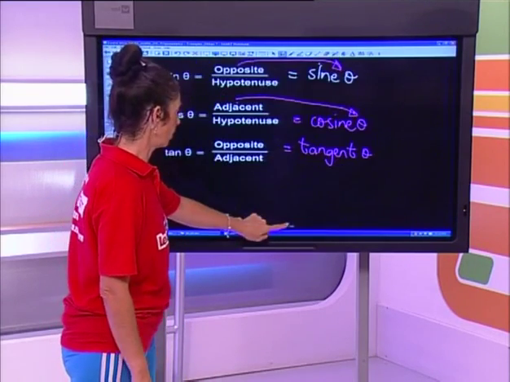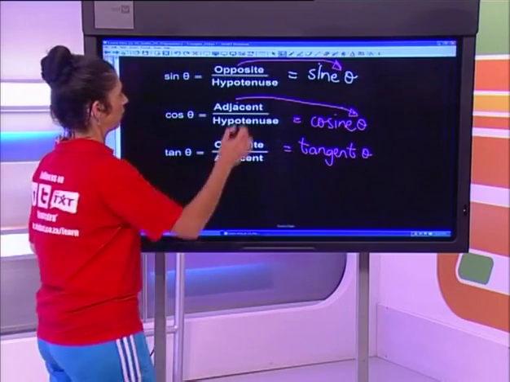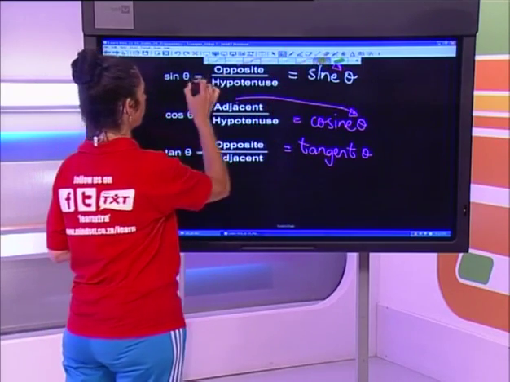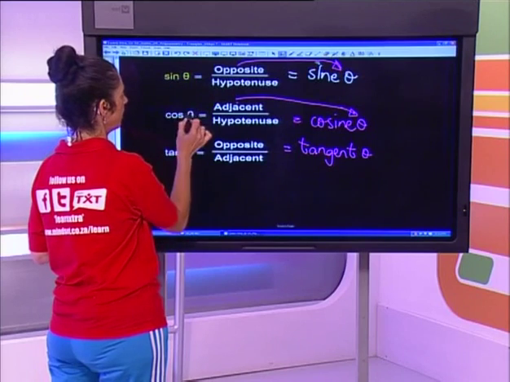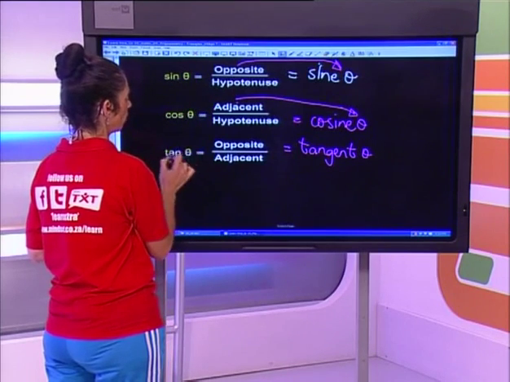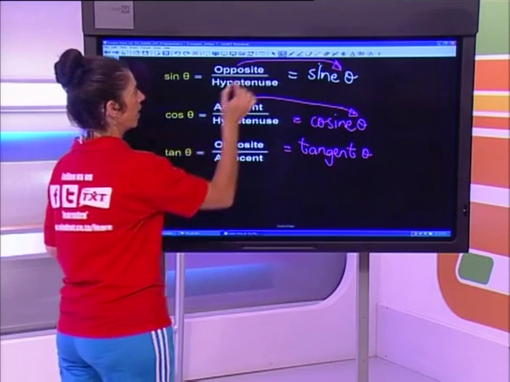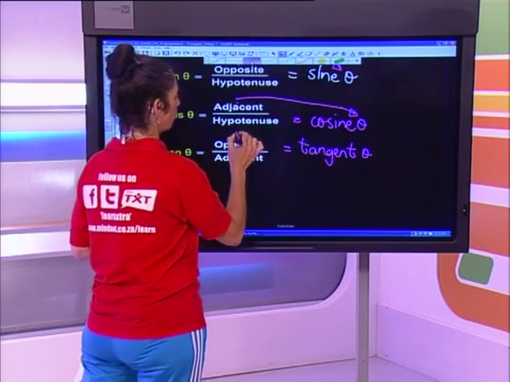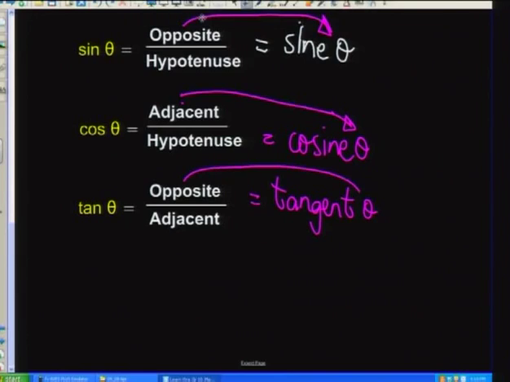Right, so just to repeat, that would be called the sine, that would be called the cos, that would be called the tan of those angles, and they are formed by us having firstly chosen the angle, and the angle's position to the sides of the triangle will give us what these relationships are.